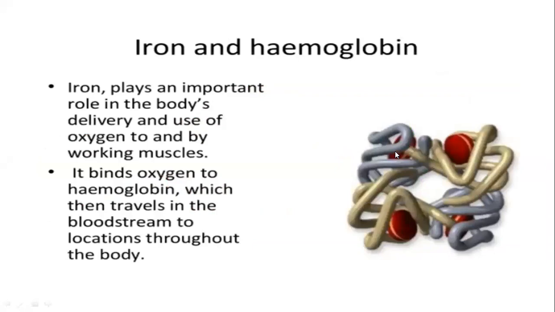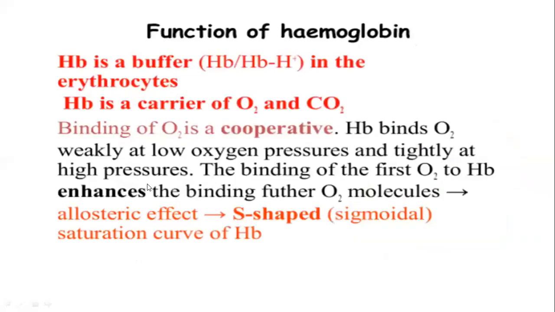So this basically is just a demonstration of iron within the hemoglobin. And we've said iron plays a key important role because it has to carry oxygen to and from the tissues so that then we can all function. And we also know that iron binds oxygen to hemoglobin that then travels to the bloodstream, for utility in other parts of the body.